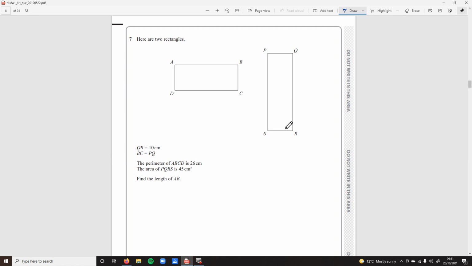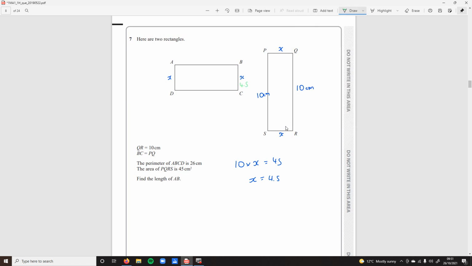Here are two rectangles. QR equals 10 centimeters. BC equals PQ. Call those X then. The perimeter of ABCD is 26 centimeters. The area of PQRS is 45 centimeters squared. So 10 times X equals 45. So X equals 4.5.